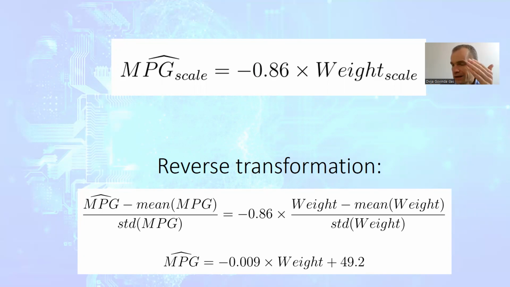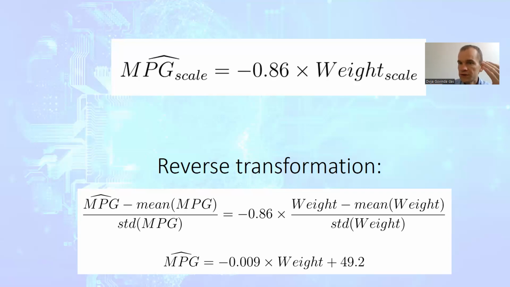And of course, we can reverse this transformation. At the bottom of this slide, by the reverse transformation, we can obtain the non-scaled prediction of miles per gallon based on the weight of the car.